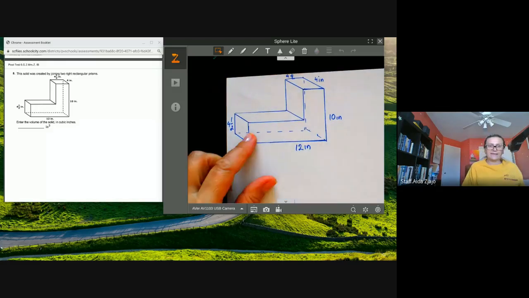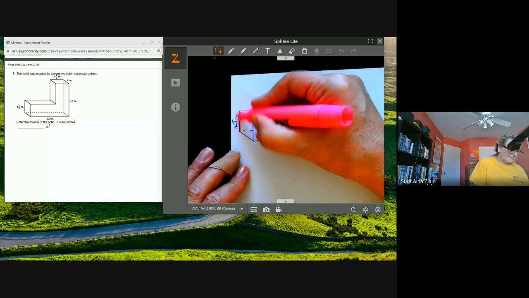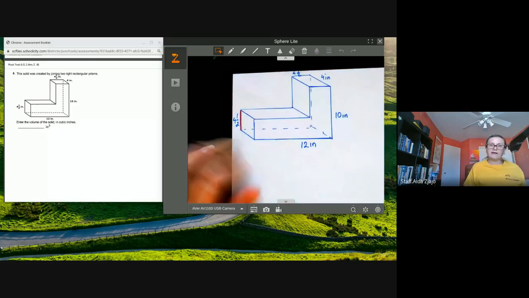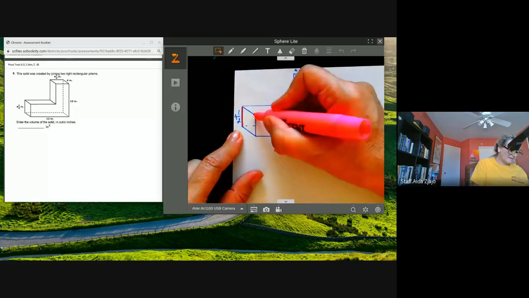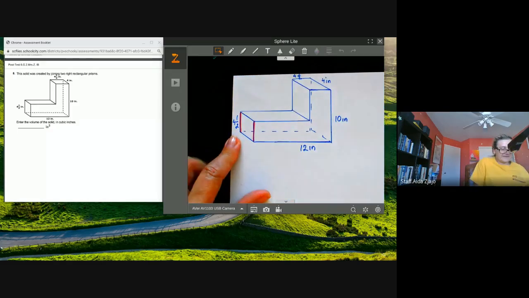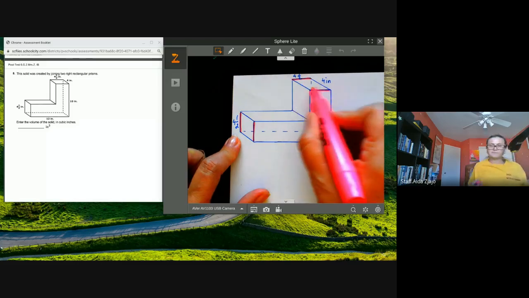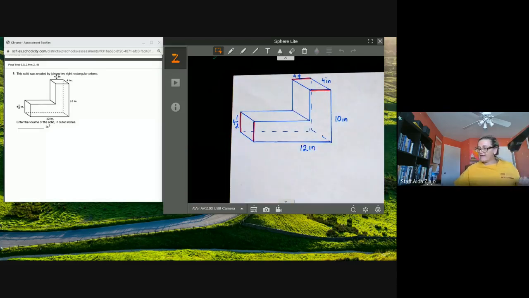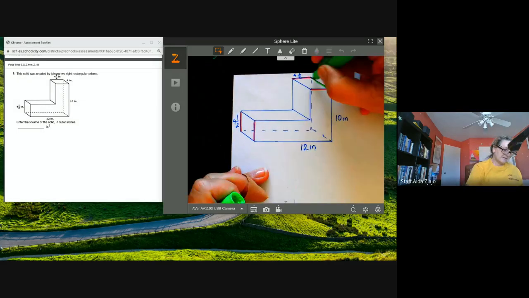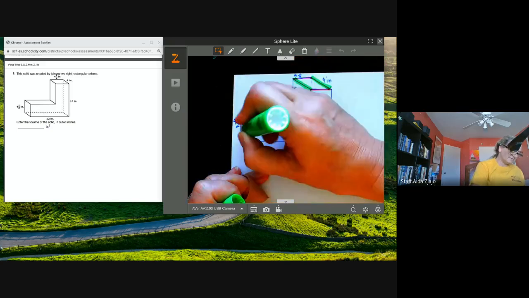What do I mean by it? So if I have this length to be 4.5, so is this one, okay? And then if I have this to be 4.5, so is this one, okay? And if I have this one to be 4, then so is this one, so is this one, so is this one, so is this one.